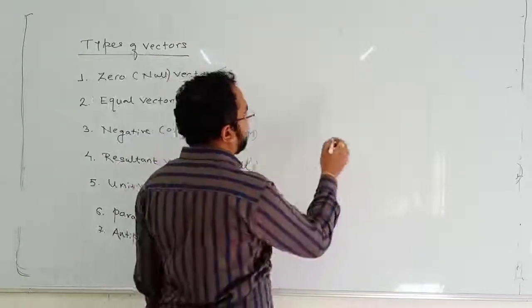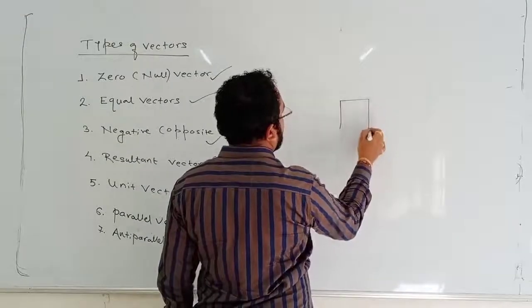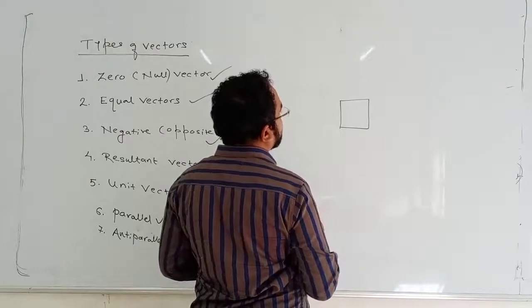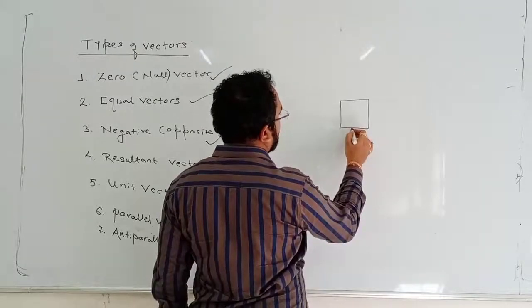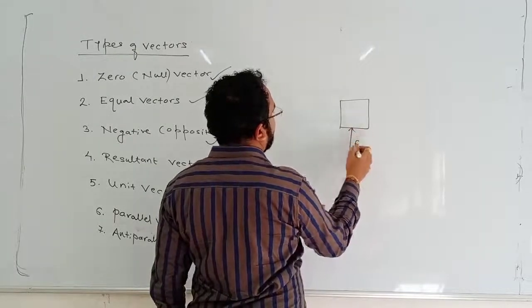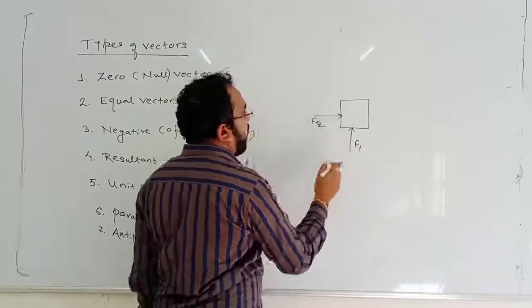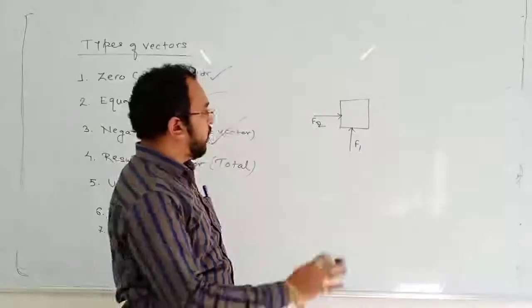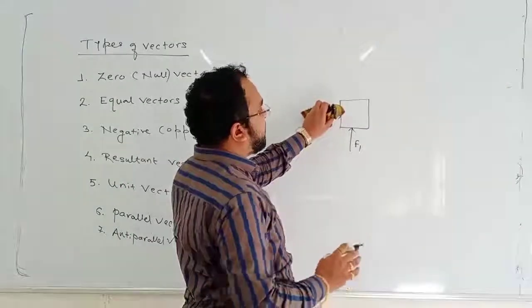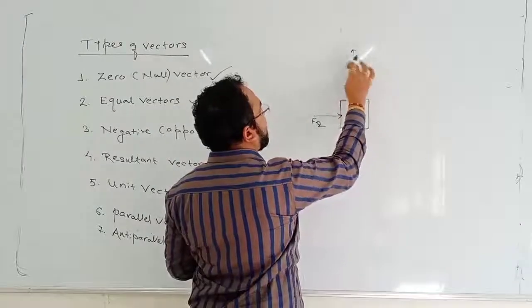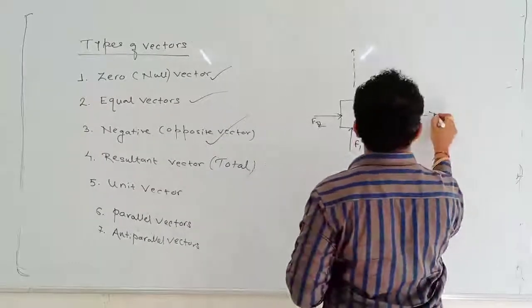Like for example, you are applying force F1 here. One person applies force F2 here. Where will this dog go? If only F1 is present, it will go in this direction. If only F2 is present, then it will go in this direction.